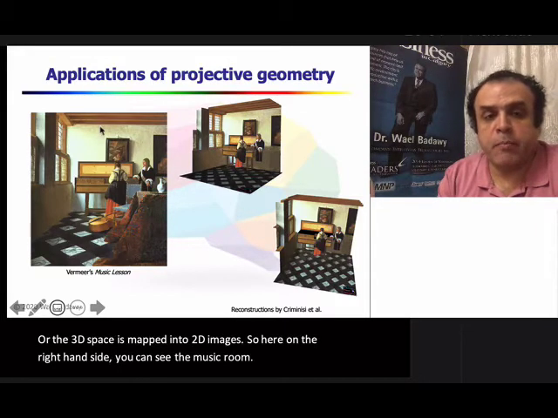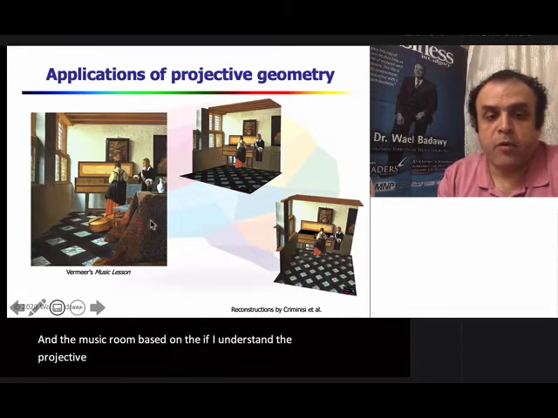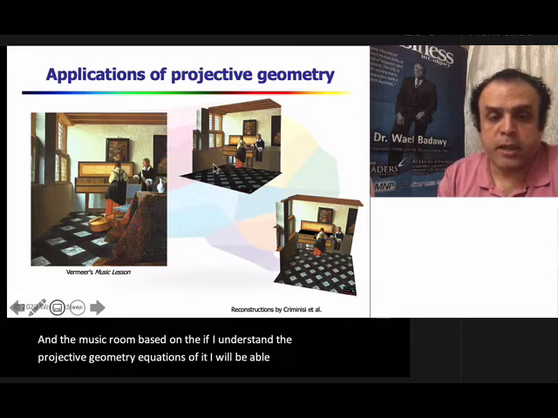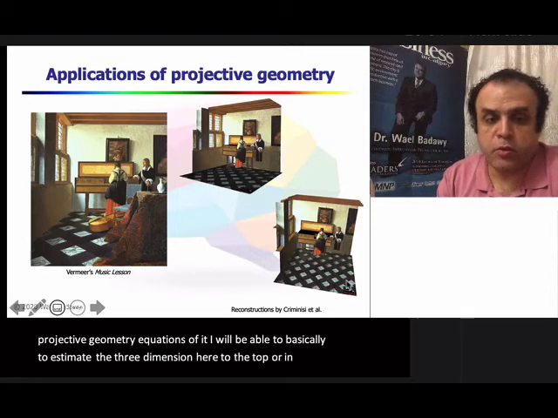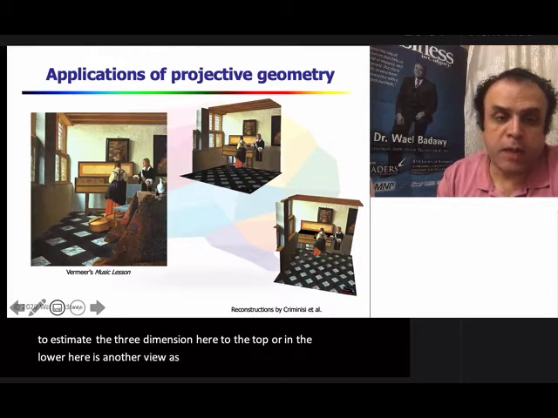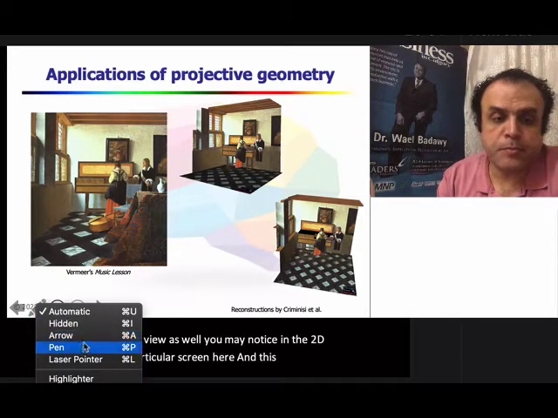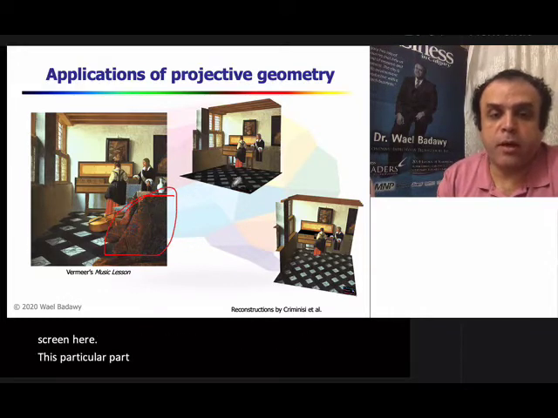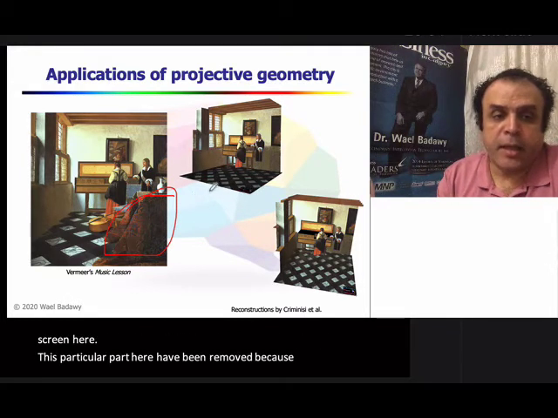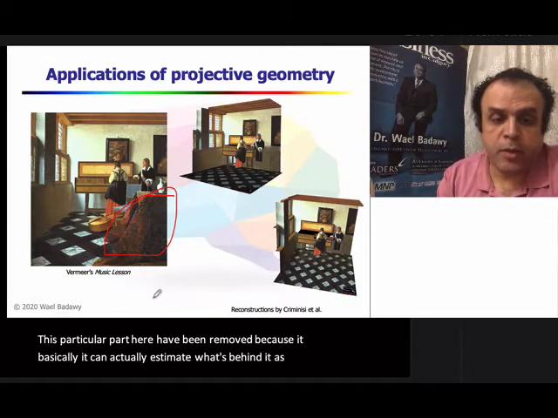Based on the projective geometry equations of it, I will be able to basically estimate the 3D here to the top, and the lower here, this is another view as well. You may notice in the 2D image there is this particular screen here, and this particular part here has been removed because it can actually estimate what's behind it based on this equation.